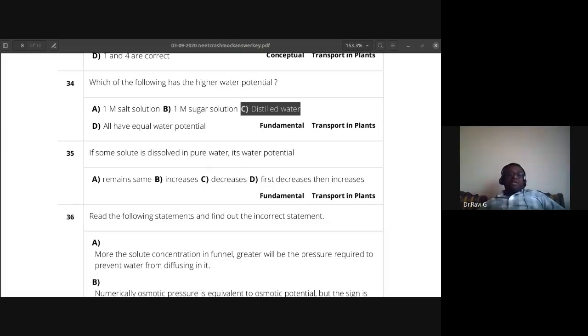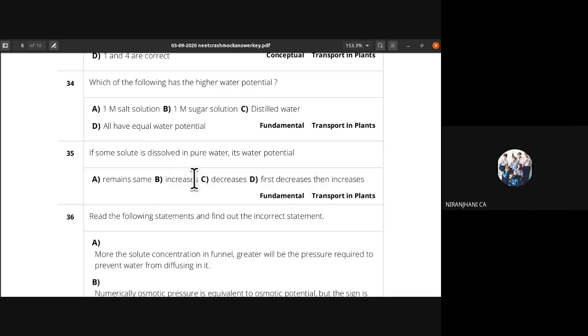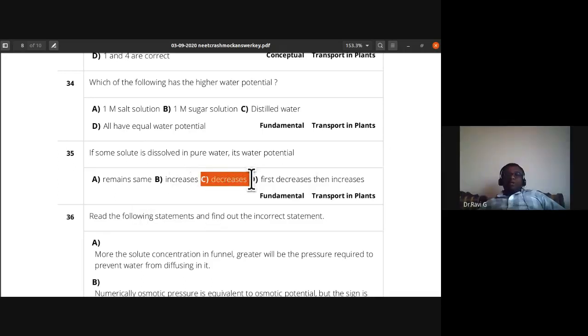So distilled water has the highest water potential. C is the answer. If some solute is dissolved in pure water, okay, does its water potential increase or decrease if solute is added? Decrease. Its water potential decreases. Okay, C is the answer.